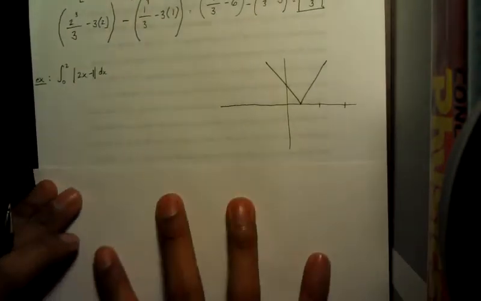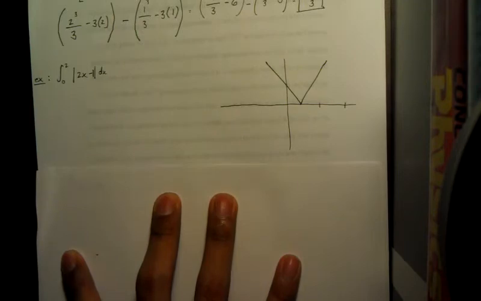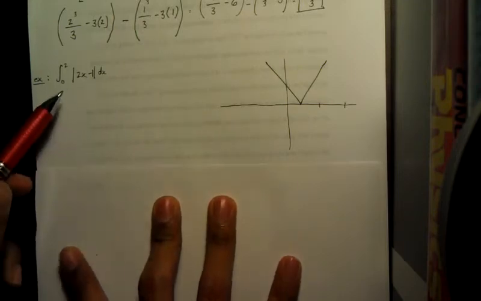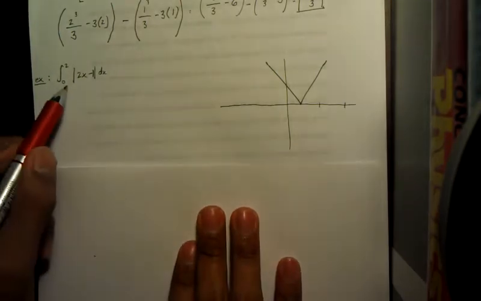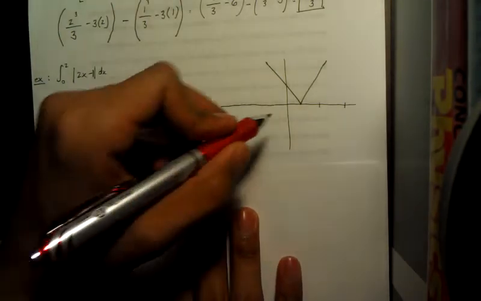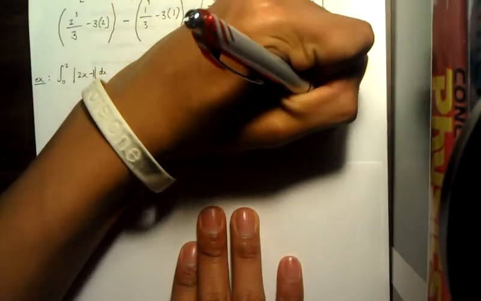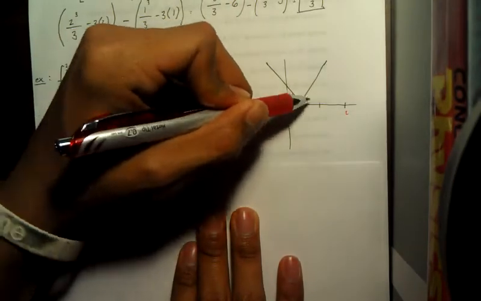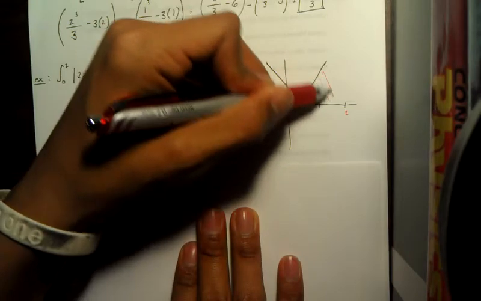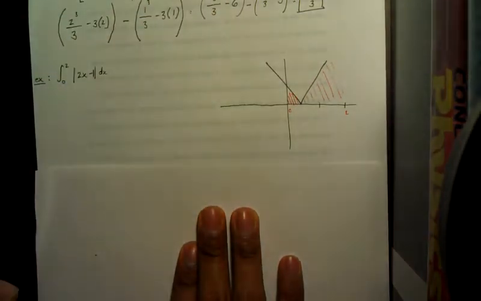Second example is going to deal with an absolute value one. So recall that absolute values are going to be a little bit more tricky, but it wants from 0 to 2. So what we'll be finding is this area plus that area.